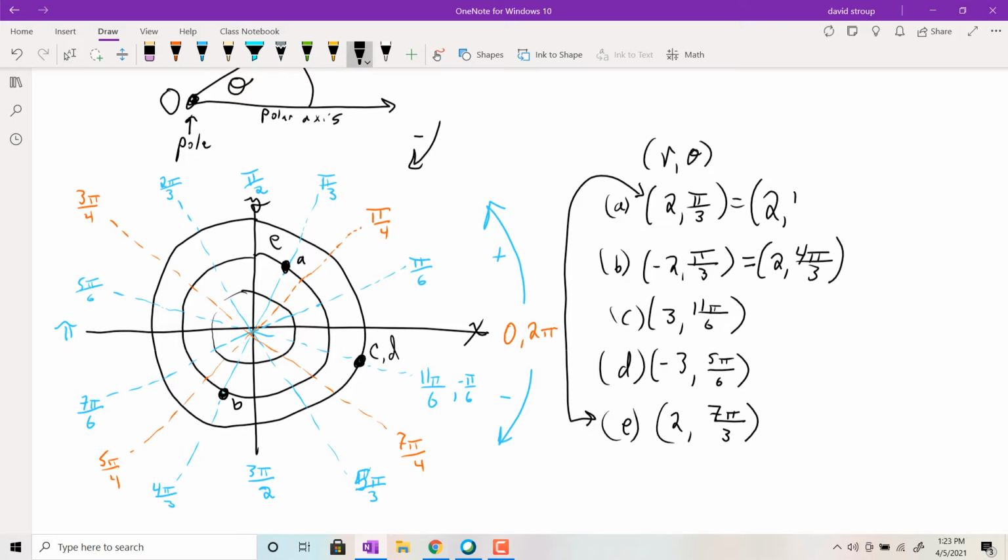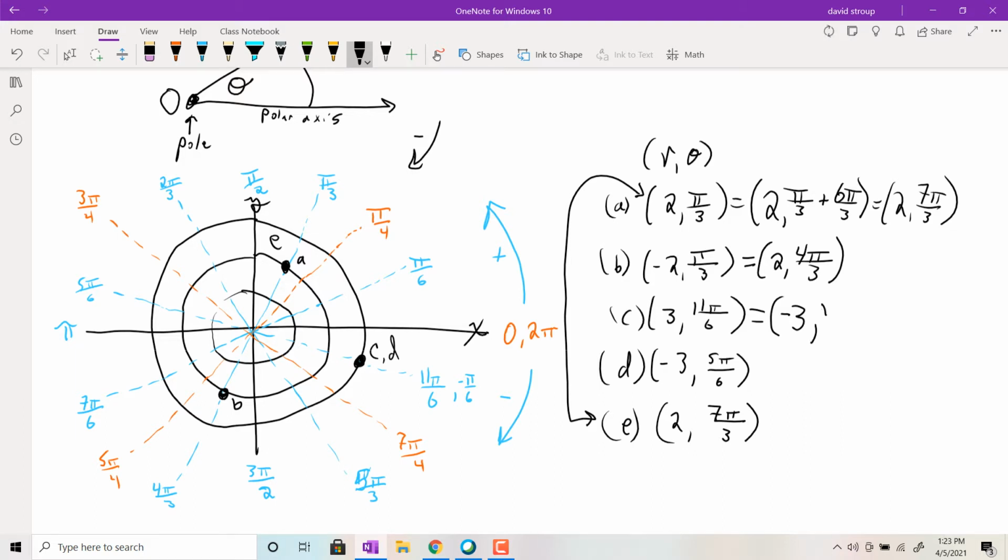Okay, so if you took pi over 3 and then added in 2 pi, which is the same as 6 pi over 3, you would end up with 2 comma 7 pi over 3, which is what we got down here. Another thing you could do is change the sign of the r value and then rotate the angle by pi radians.